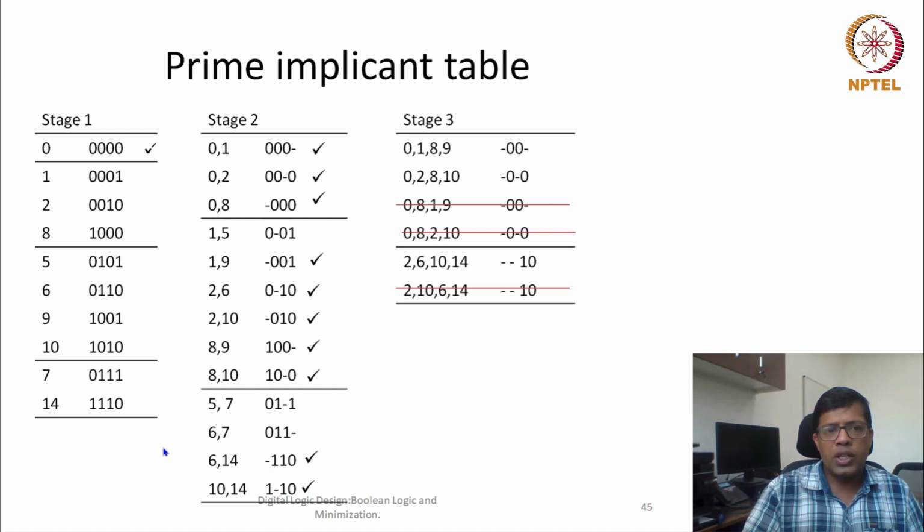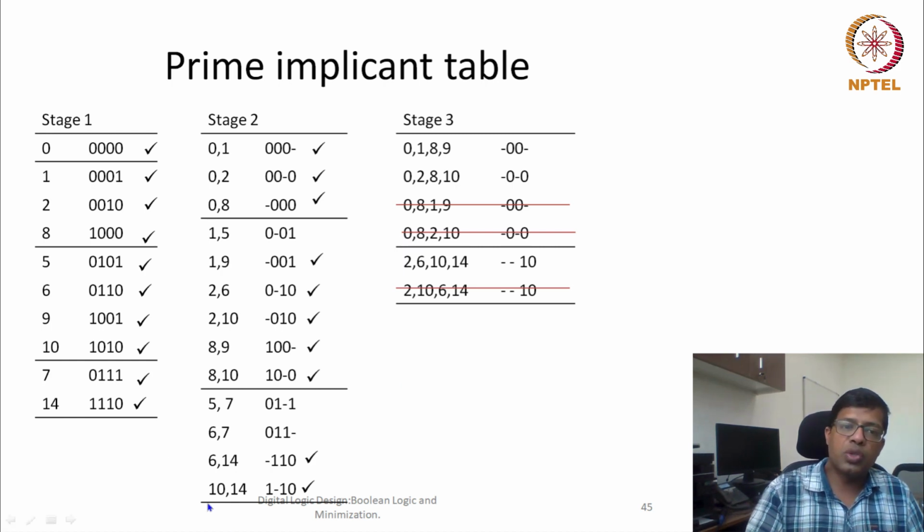So 0 1 2 8 5 6 9 10 7 14. All of them have been covered, so we can simply tick all of them. So that means these min terms are not prime implicants, or there is a larger implicant present of which these min terms are a subset.